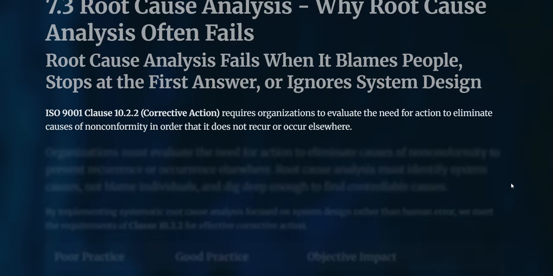ISO 9001 Clause 10.2.2, Corrective Actions, requires organizations to evaluate the need for actions to eliminate causes of nonconformity in order that it does not recur or occur elsewhere.